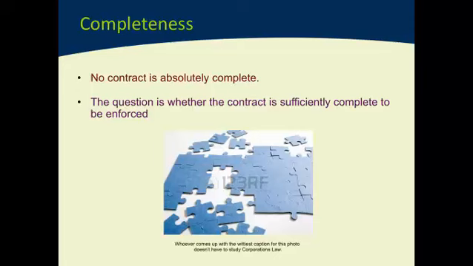Completeness is an interesting issue because no contract is ever absolutely complete. Imagine that you were making a contract with a taxi driver to drive you to the airport, and you wanted to try to make that contract complete. What would you have to do?